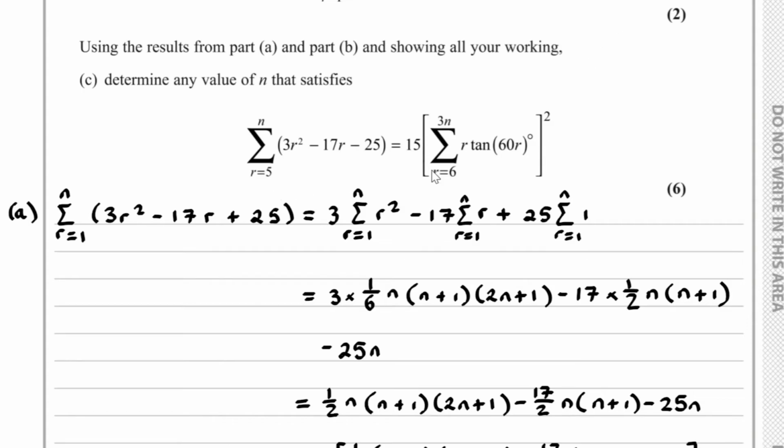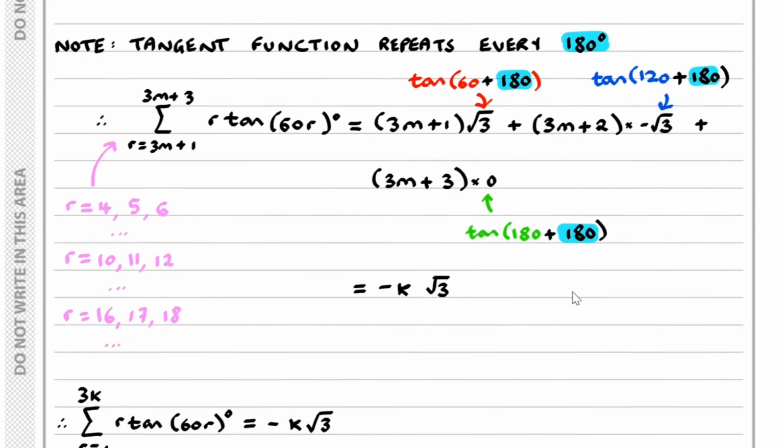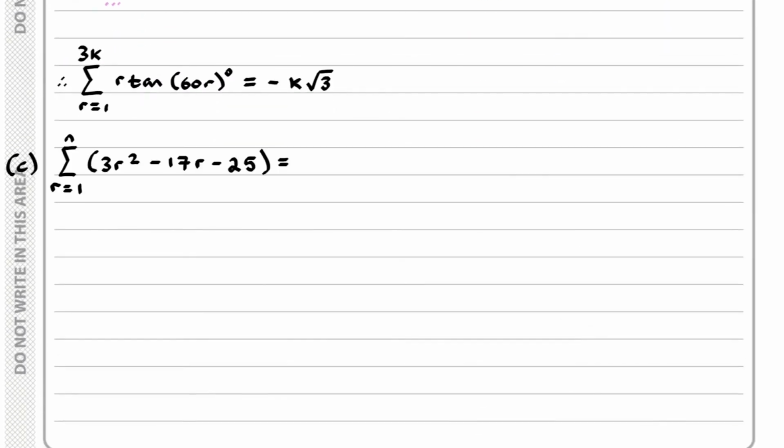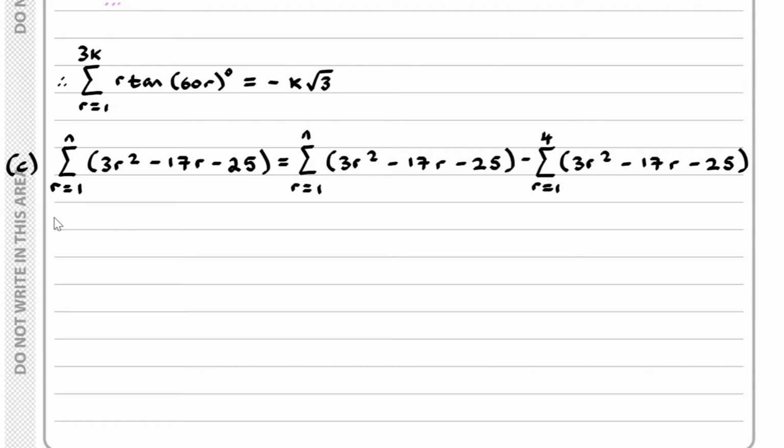Now, first of all, let's consider the left-hand side. If I consider the left-hand side, I've got this sum, and because we've got the sum from r equals 5 to r equals n, I need to rewrite this as the sum from r equals 1 to r equals n, subtract the first 4 terms.